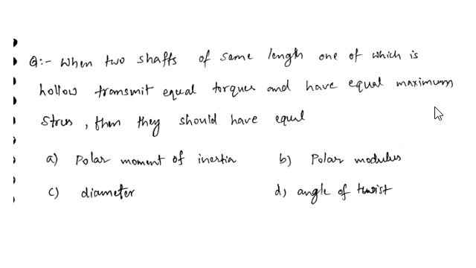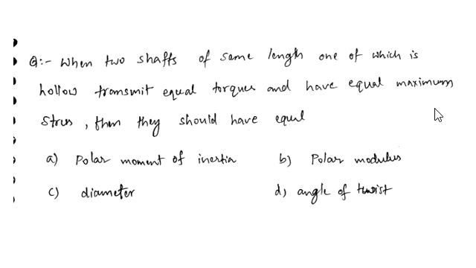And when we see the next question, when two shafts of same length, one of which is hollow, transmit equal torque and have equal maximum stress, then they should have equal: polar moment of inertia, polar modulus or polar section modulus, diameter, or angle of twist. So two shafts are given of same length.